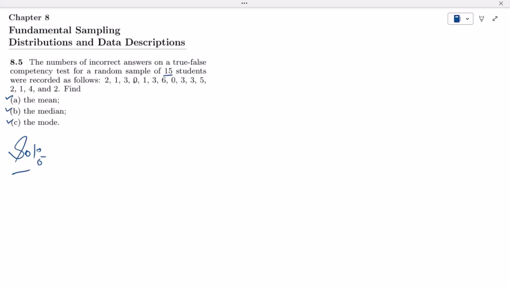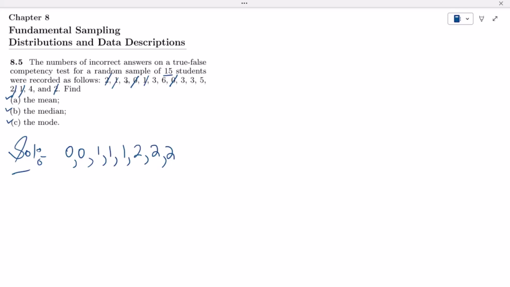The lowest of them is 0, so 0 0. After it we have 1, so 1 1 1, three ones. Then 2 2 2, three twos.